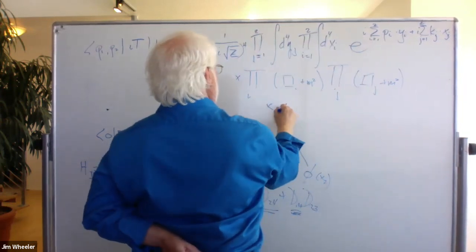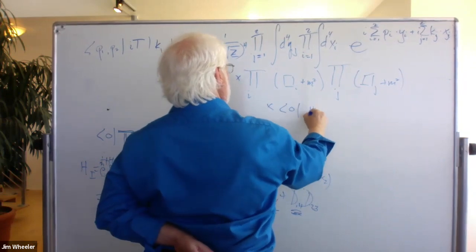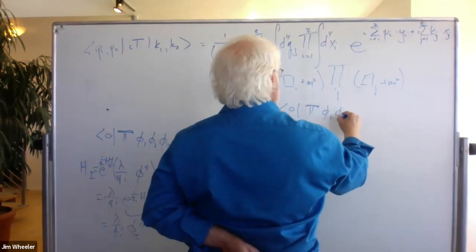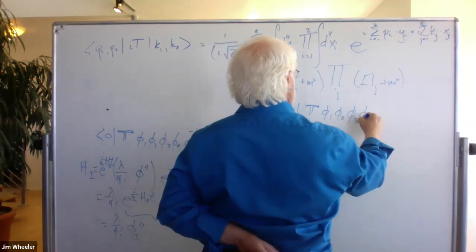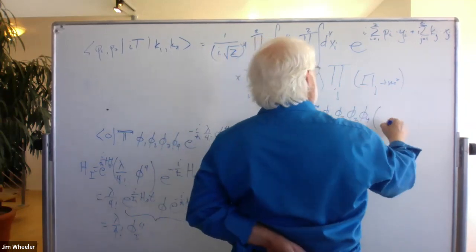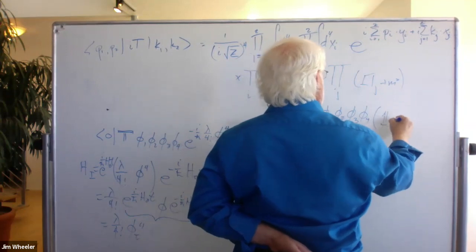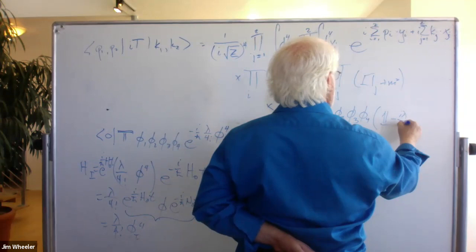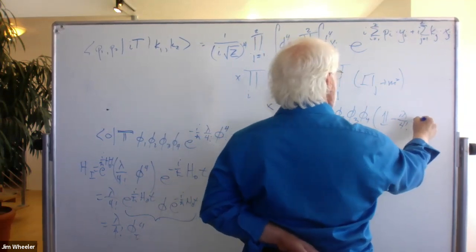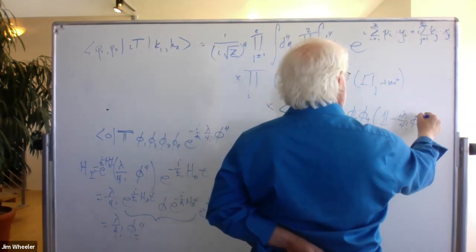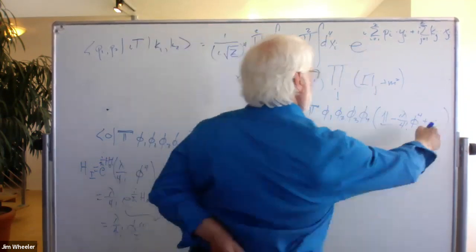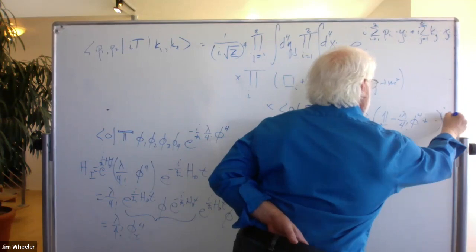Sorry, let's write it carefully. Time ordered product of phi 1, phi 2, phi 3, phi 4 times our series 1 minus I lambda over 4 factorial h bar is 1, phi to the 4th, and so on. Vacuum expectation.